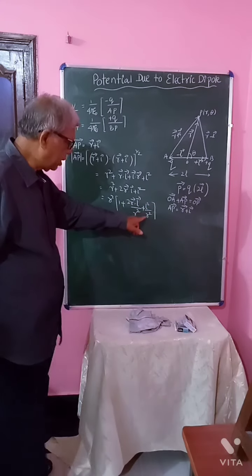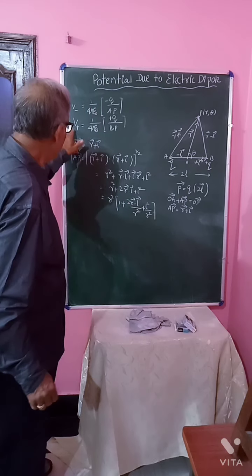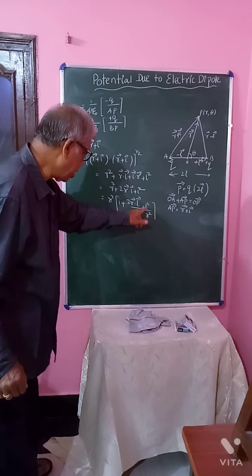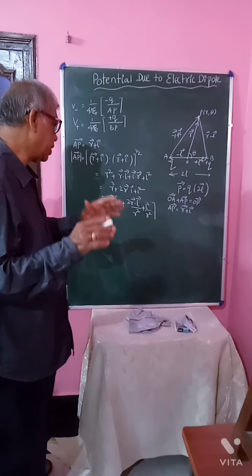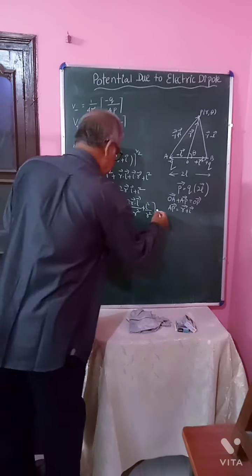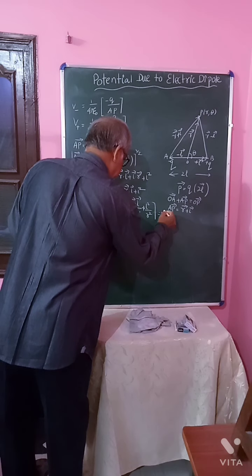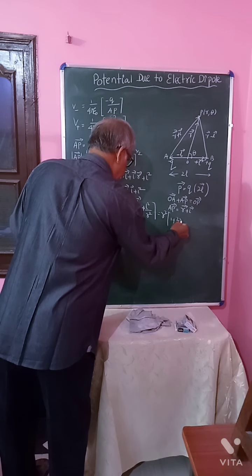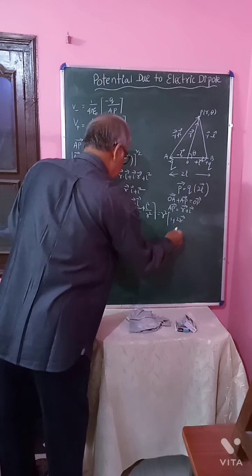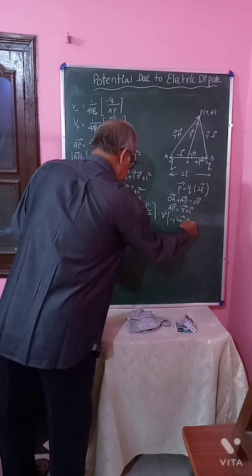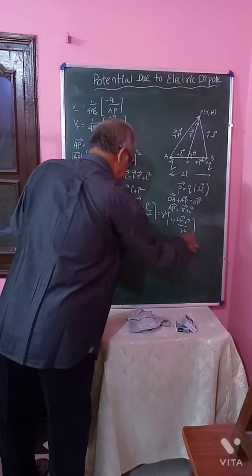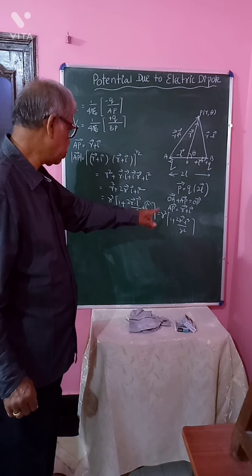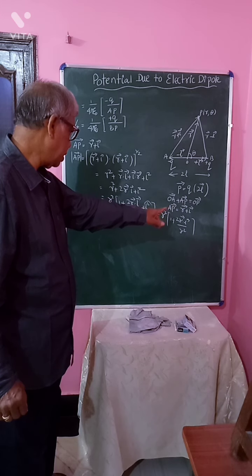Since r is very large, the contribution to the potential due to the factor L square by r square is very small and can be dropped. So this term is dropped, and we have r square into 1 plus 2 r dot L by r square.